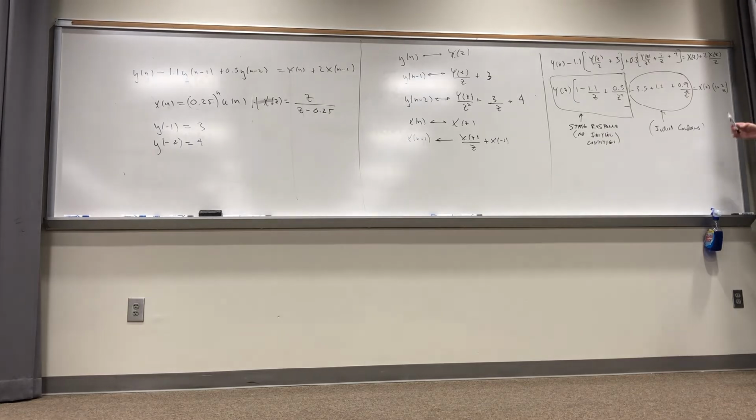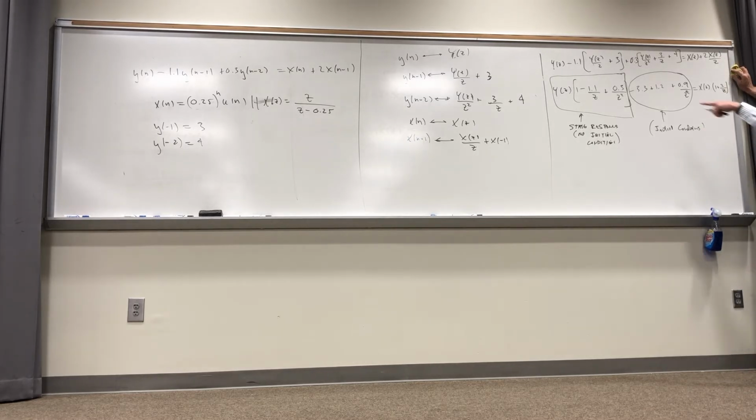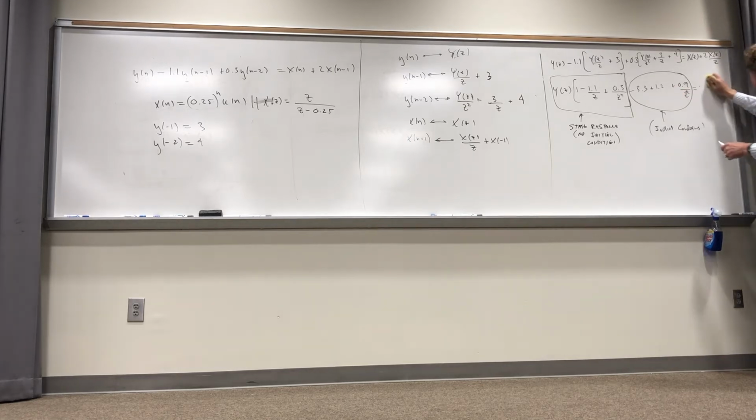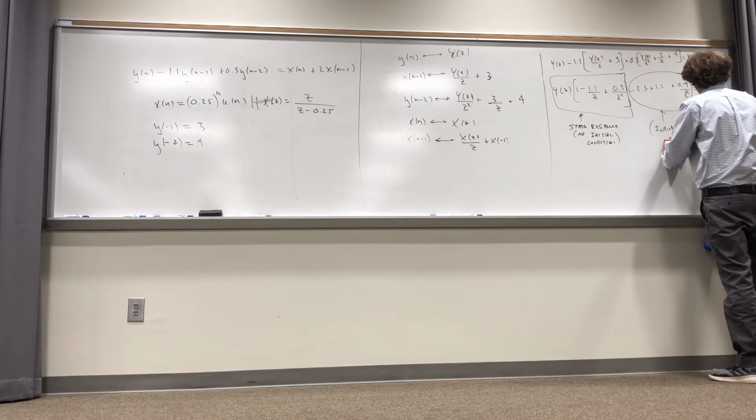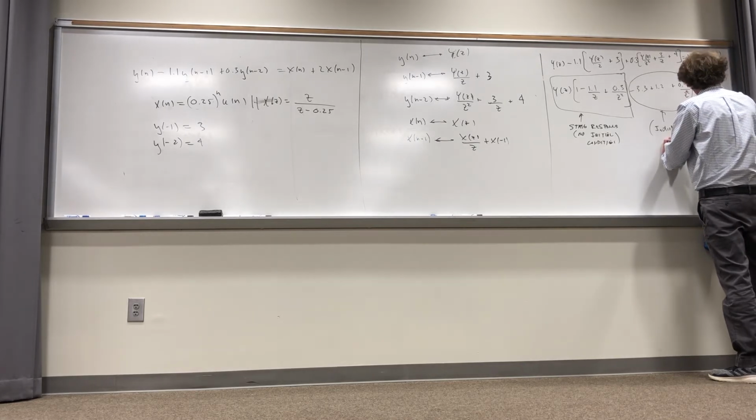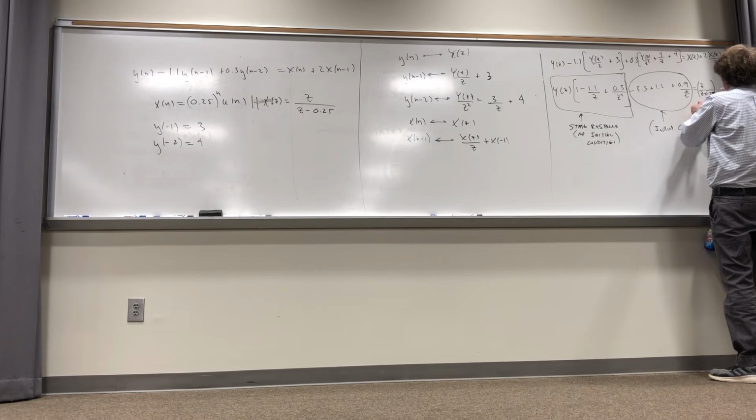Now, I can put in for x of z what I have over there, z over z minus 0.25. I'm going to run out of board space here, but if you listen to me, you'll understand. If I just take this x of z, which is z over z minus 0.25, I can put it here, times 1 plus 2 over z.